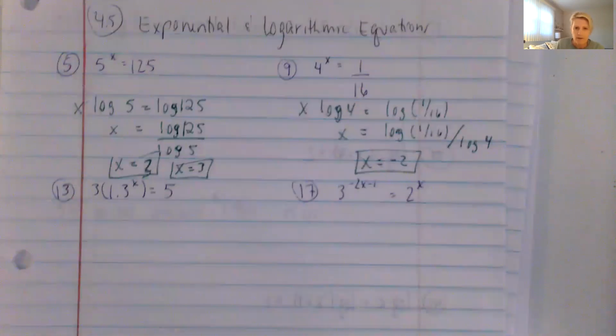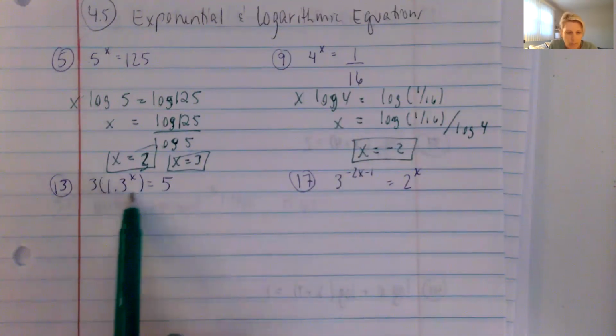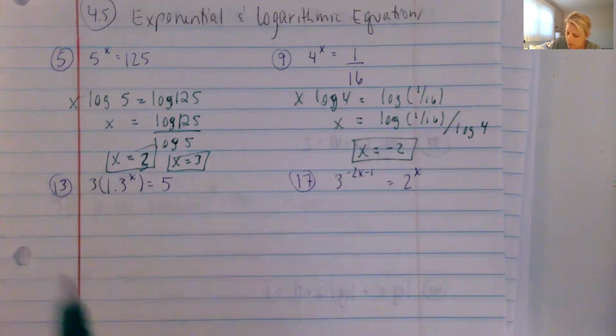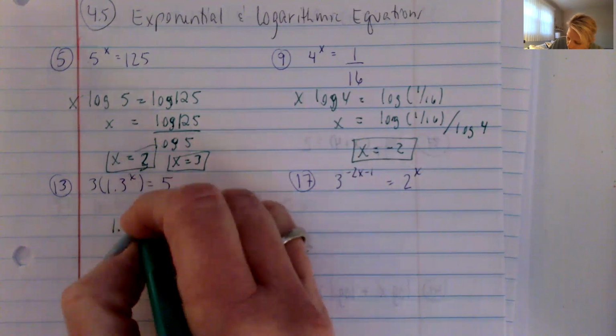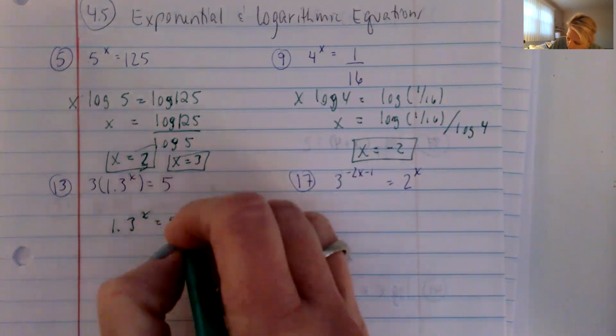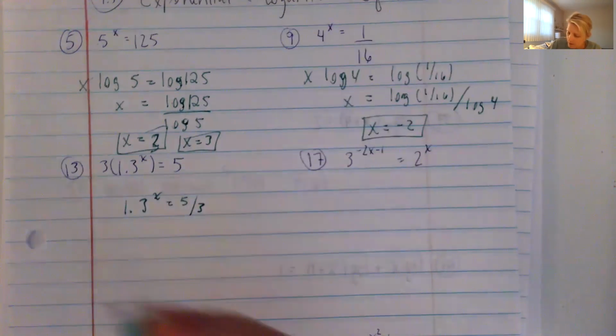Okay, on number 13, we need to isolate this 1.3 to the x first. So we're going to divide by 3. So 1.3 to the x equals 5/3. We can leave it as a fraction for now until we do all of our other items.